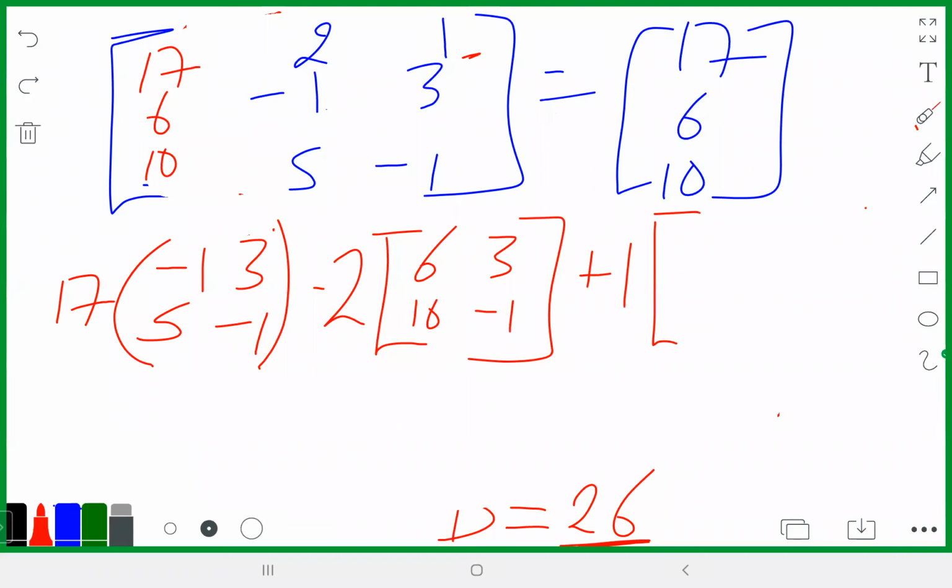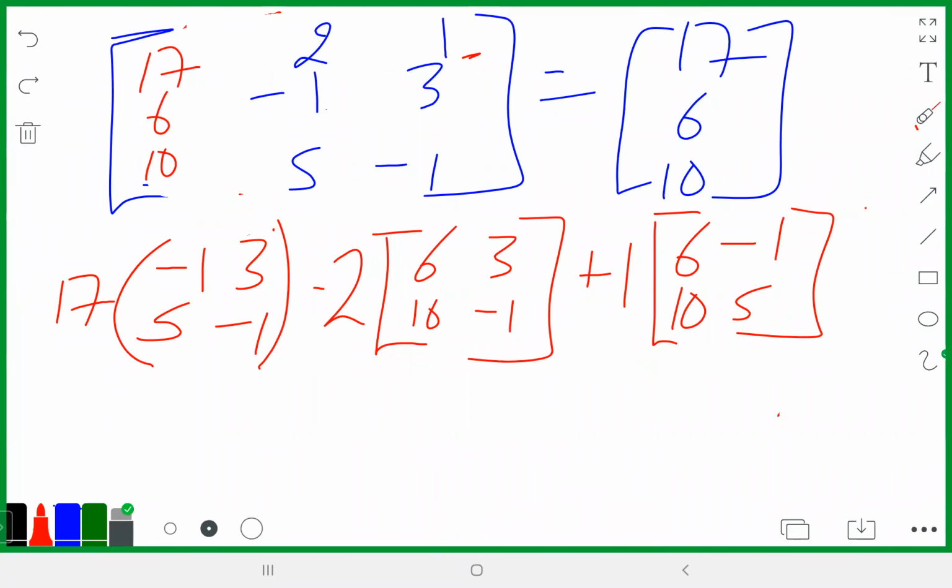Delete the row, delete the column, you have 6, -1, 10, and 5. You close like that. Is that clear? Yes, sir. Okay, great.